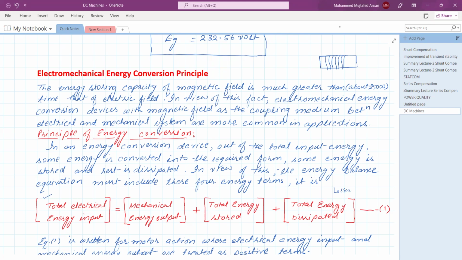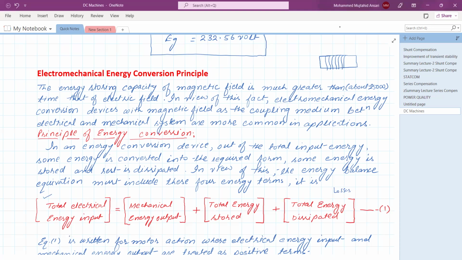Loss in the electrical system is the I square R loss, that is, when the current flows through the conductor, it produces heat, depending upon the amount of current and resistance of the material. One more thing, when we are using magnetic material, it has 2 types of losses. One is called the hysteresis loss, which depends upon the type of material, and second is the eddy current loss.